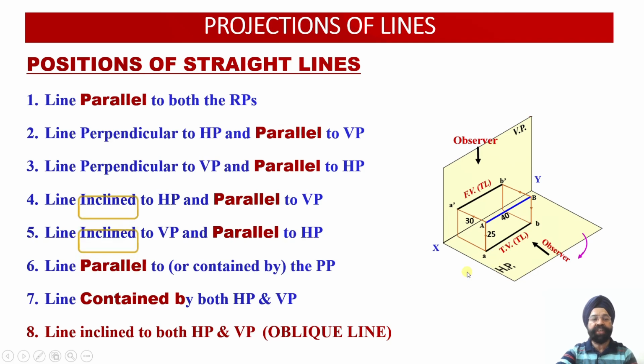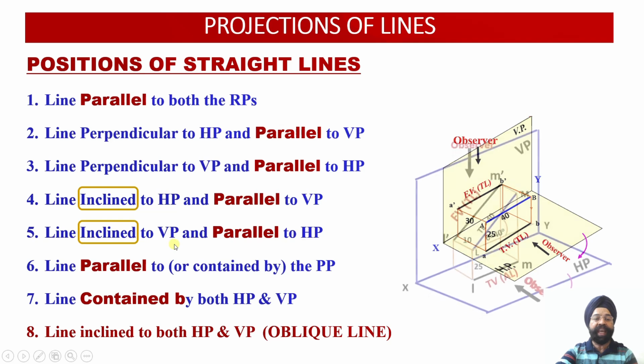Then the second situation is that there will be certain conditions where the line in orientation will be inclined to a particular reference plane. So here you can see in case number 4 the line is inclined to HP, and in case number 5 the line is inclined to VP.